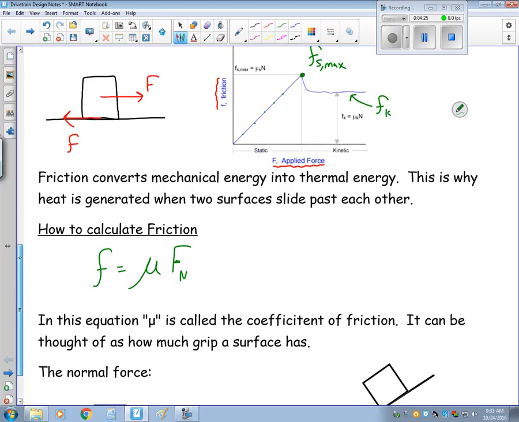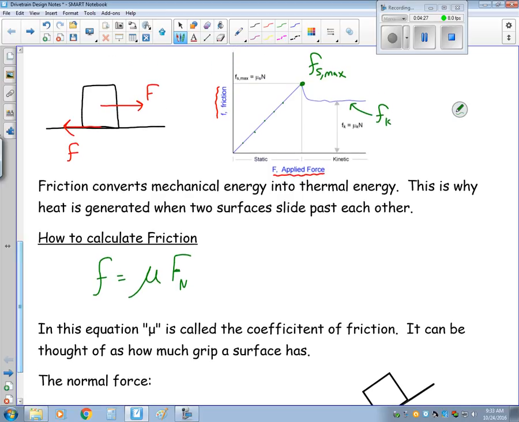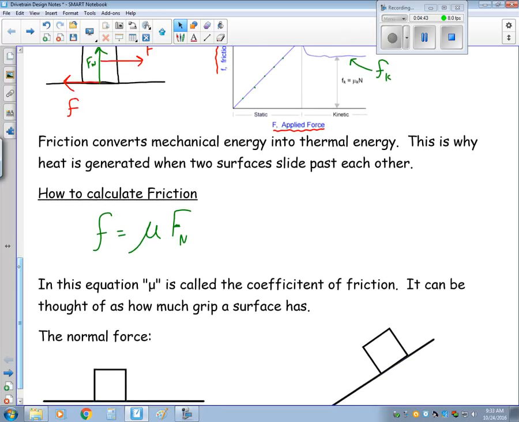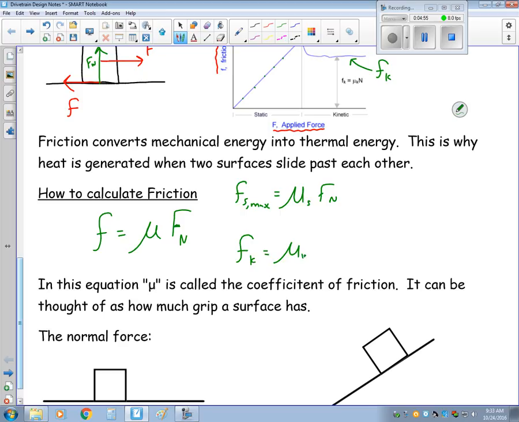Going back to our box, the normal force would be the ground pushing up on the box. This formula works for both. So the maximum static friction equals the coefficient of static friction times the normal force, and likewise for kinetic.